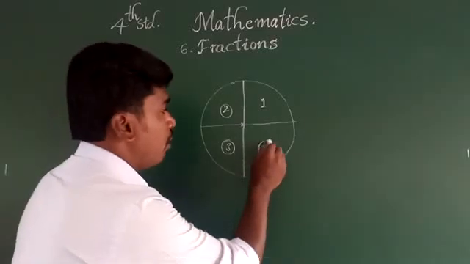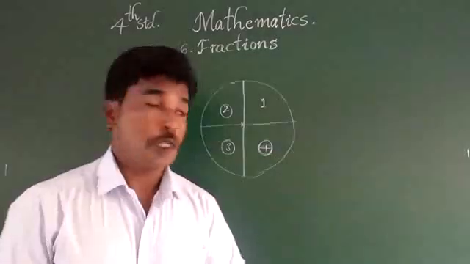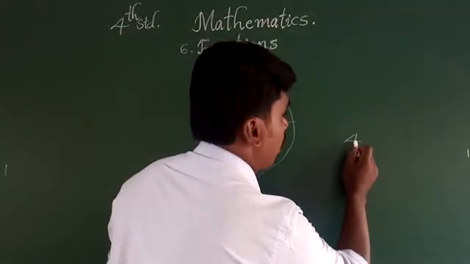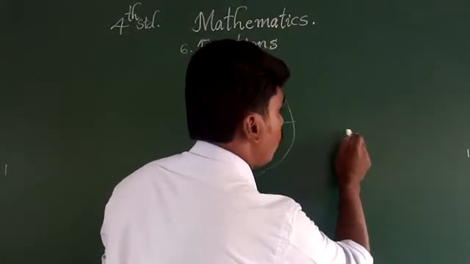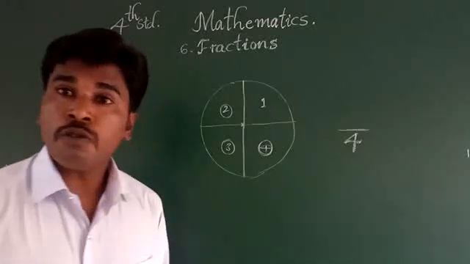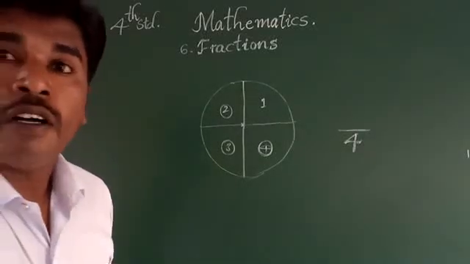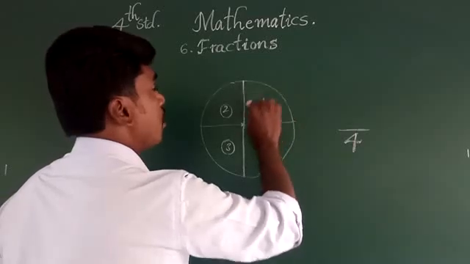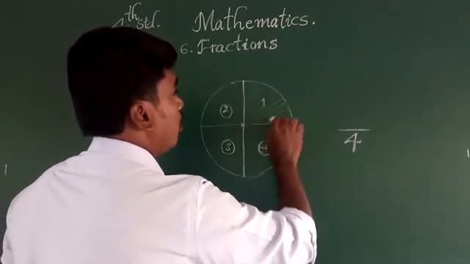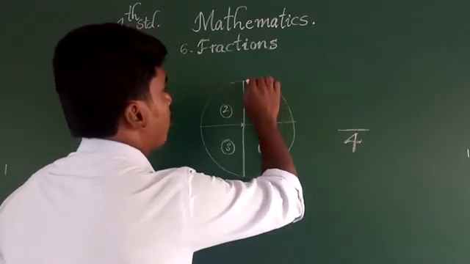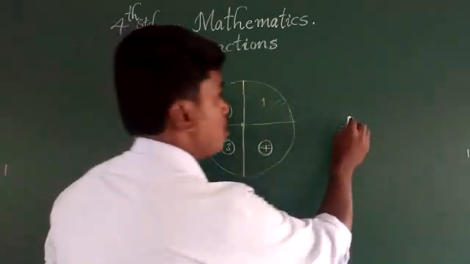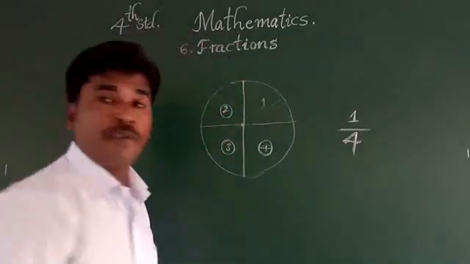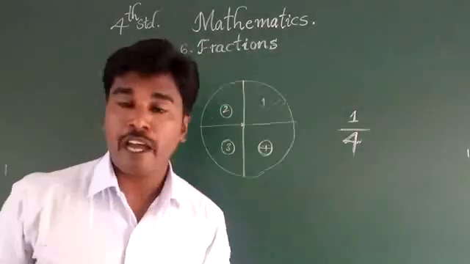If we make a circle into 4 equal parts, the total number of parts is 4. If I want to put color in one part of the circle, the shaded number of parts is 1. So it can be written as 1/4. So 1/4 is a fraction.